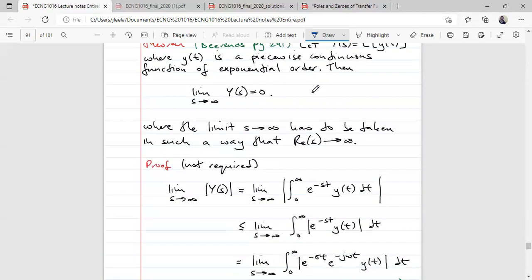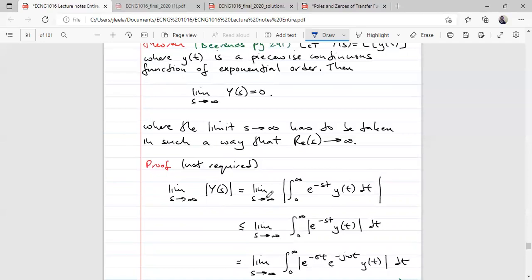If you take the left-hand side, you have the limit as s approaches infinity of the absolute value of Y(s). Well, we know that Y(s) is defined to be the integral between 0 and infinity of e to the minus st, y(t) dt. So you take the absolute value of this on the right, and you take the limit as s approaches infinity.